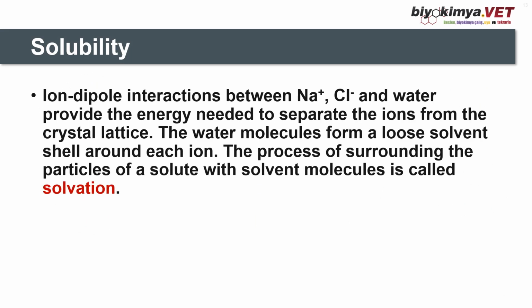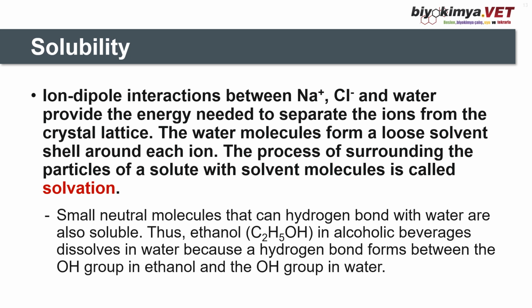Ion-dipole interactions between the sodium cation, chloride anion and water provide the energy needed to separate the ions from the crystal lattice. The water molecules form a loose solvent shell around each ion. The process of surrounding the particles of a solid with solvent molecules is called solvation.